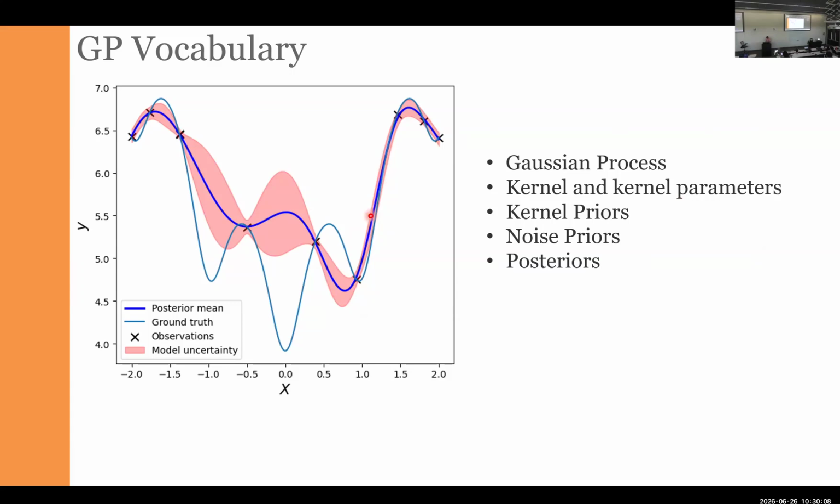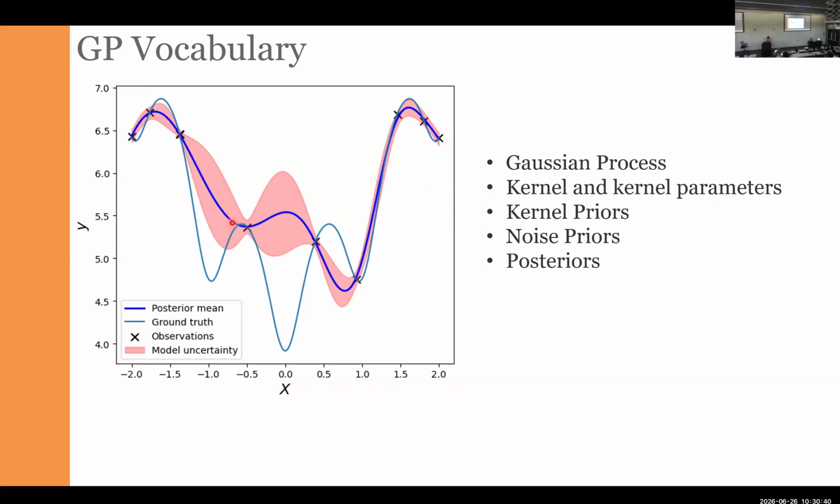The very important point here is that the prediction and uncertainty provide you an indicator of what happens in general, but it's absolutely not equivalent to the mean square error with respect to the ground truth. For example, if the teal curve is the ground truth, and the crosses are locations where the measurements are taken, then the blue would be the predictive mean, and the red region is the model uncertainty.